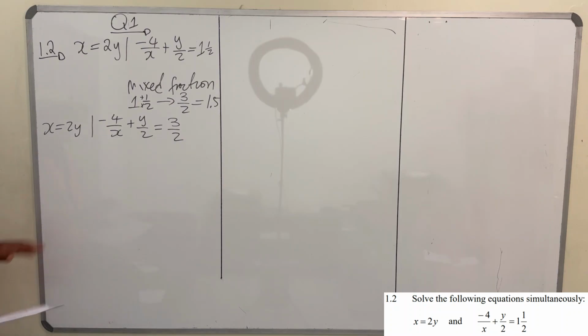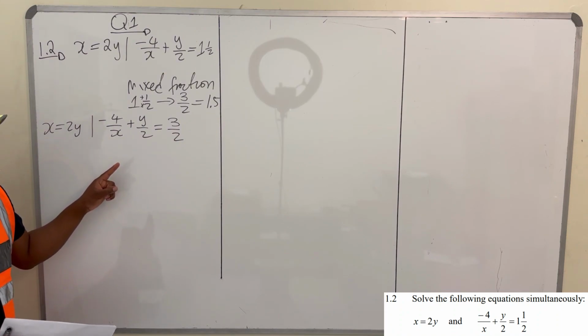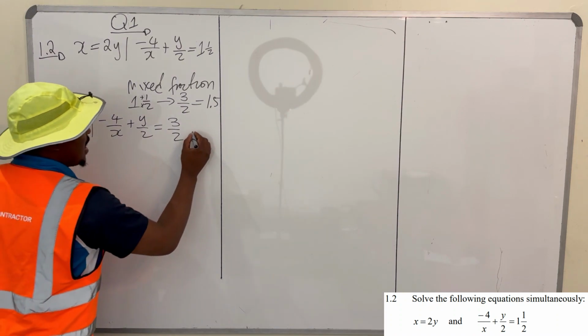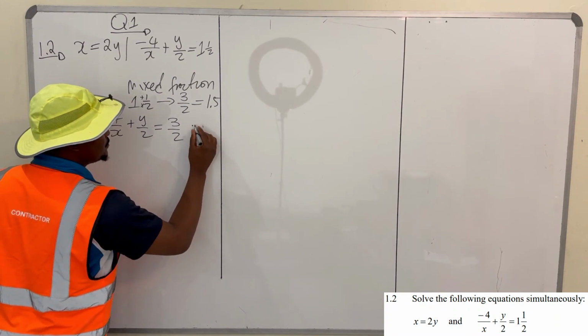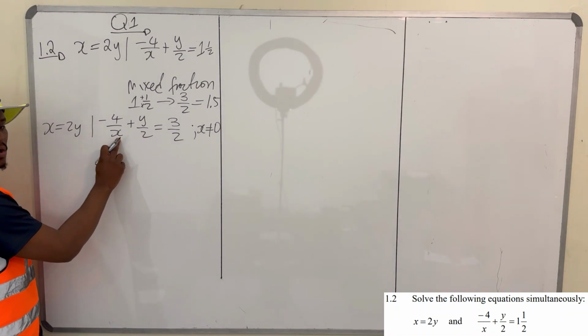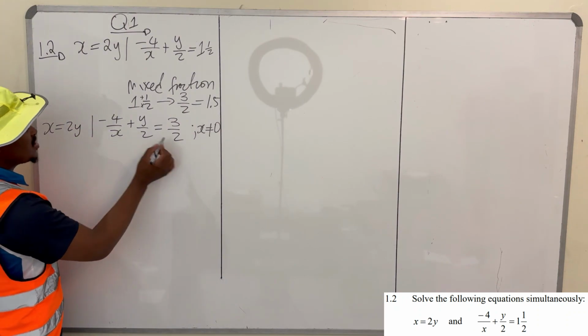So you can start substituting, but I would not like to substitute in something like this. This doesn't look very nice, right? I'll say, okay, I just want my x not equal to 0, because if your x is equal to 0, the whole equation is undefined. Are you guys with me? Yes. And then after that, I'll simplify.